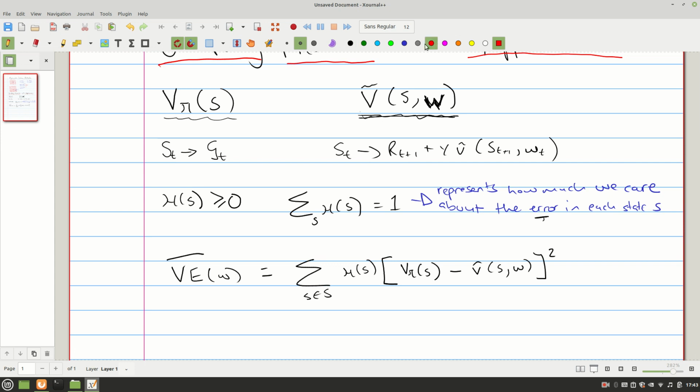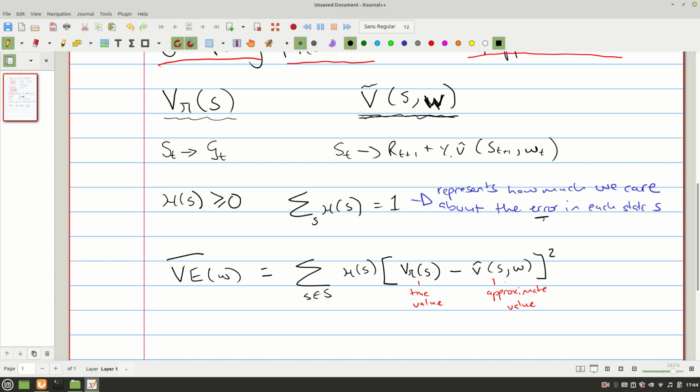So this is the approximate value of s, and this is the true value of s.